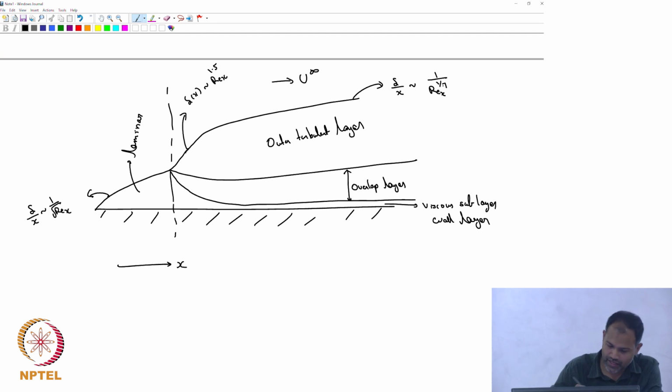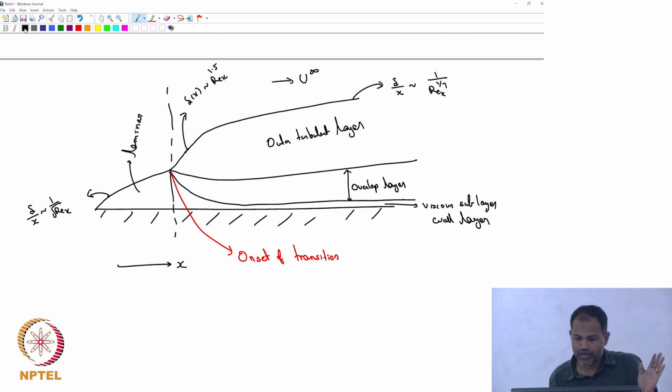Okay, so this is really the onset of transition. So this is the structure of the transition from laminar to turbulent flow in a boundary layer.